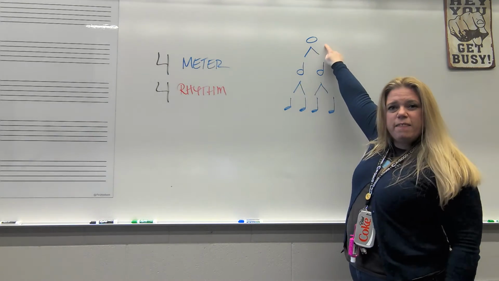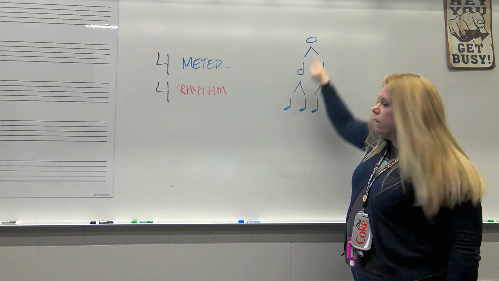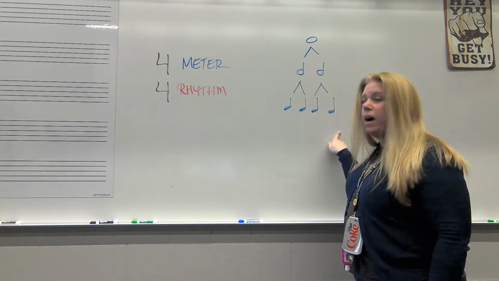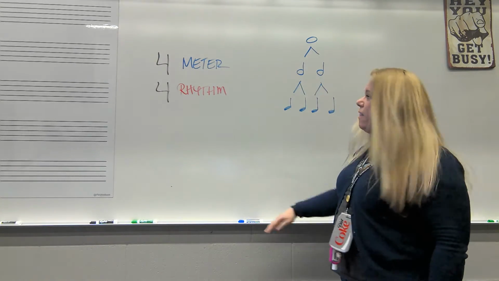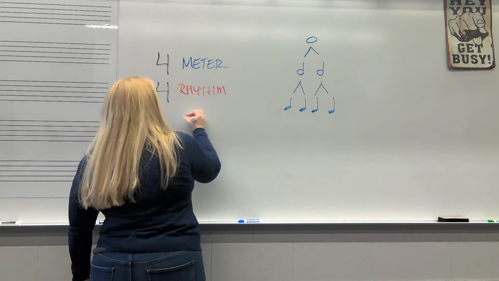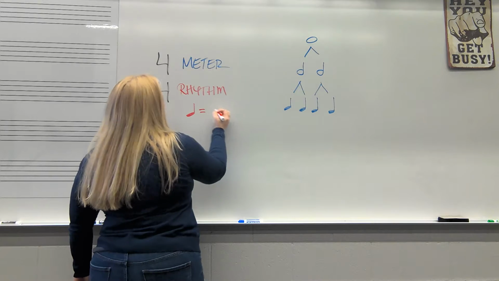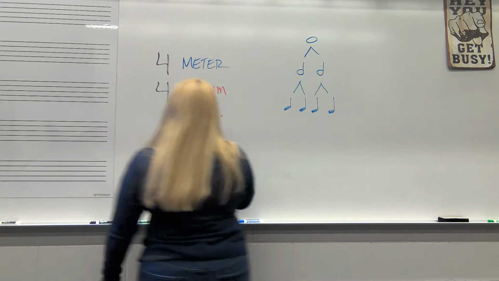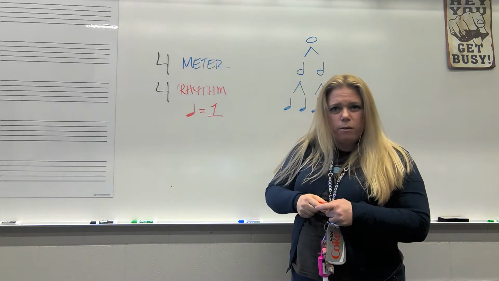If I'm dividing that into four, I know that the quarter note is what divides the whole note into four. That four on the bottom tells me that in 4/4 time, the quarter note is going to be equal to one beat or count.